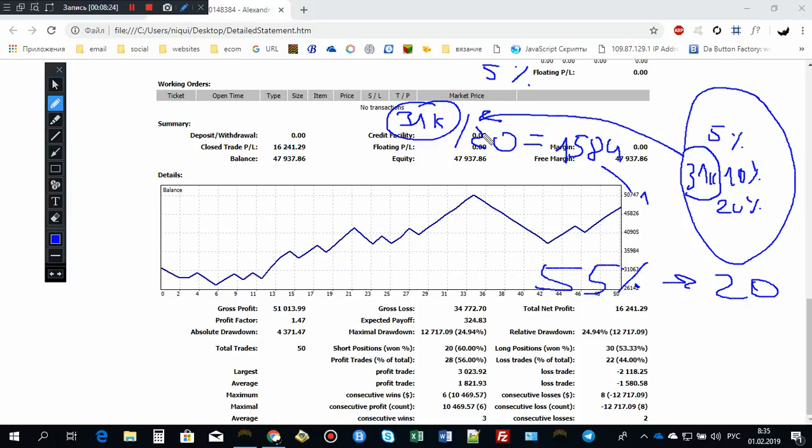That's why if I split by 20, it is very unlikely that I lose all my money trading. Those are simple probabilities. Of course, you can divide it by 21 or maybe 30, depending on your backtesting.